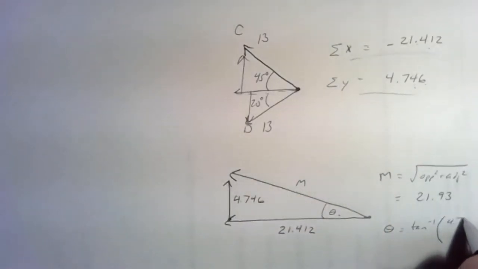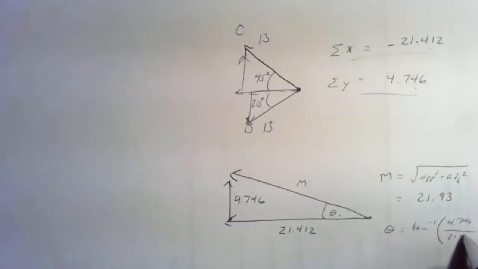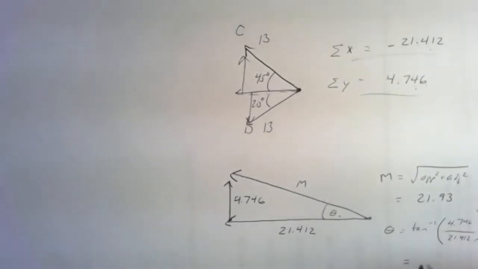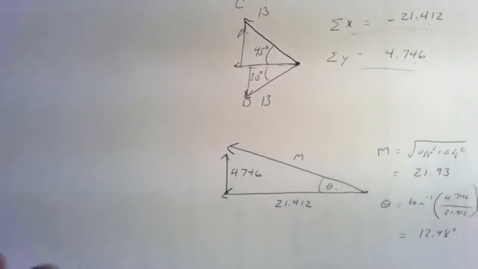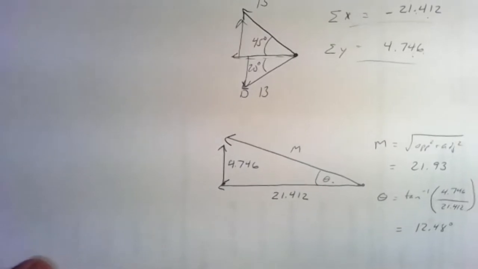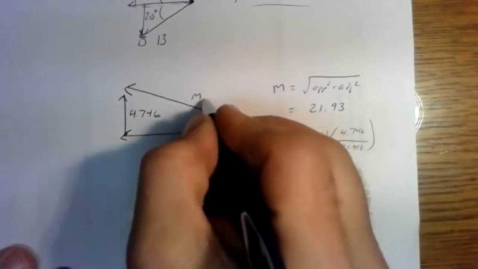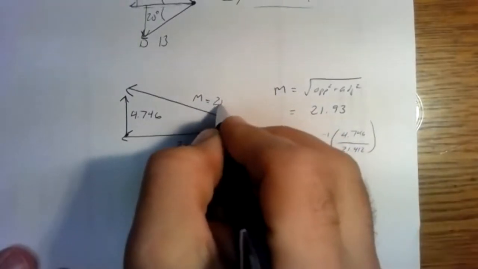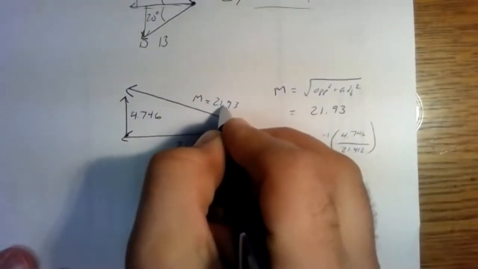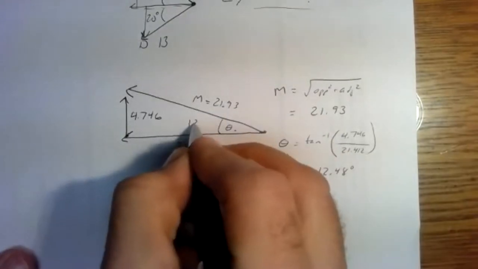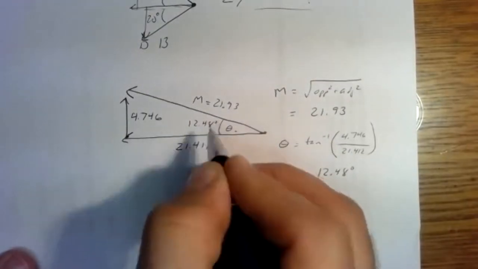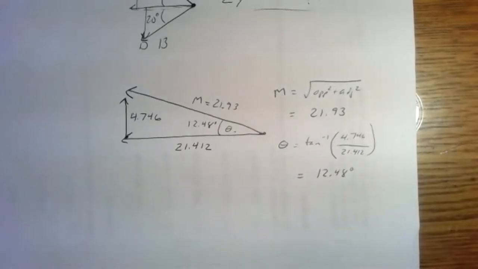So 4.746 over 21.412, which is going to give you a small angle, 12.48 degrees. So that's about where you'd end up there. That would be your magnitude and direction. So you'd write those in here, 21.93, and your angle of 12.48. There were no significant figure restrictions in this problem, so usually 4 or 5 sig figs will do fine.